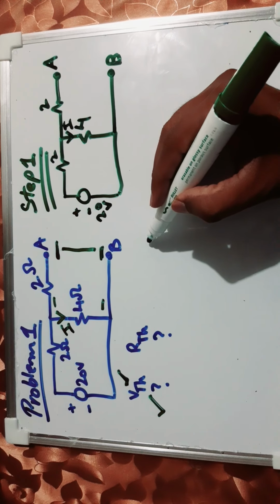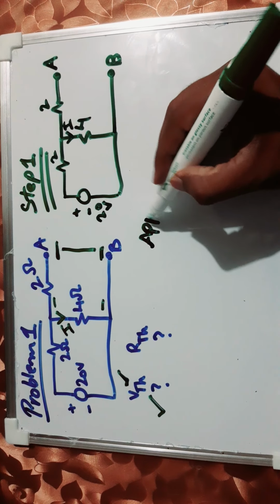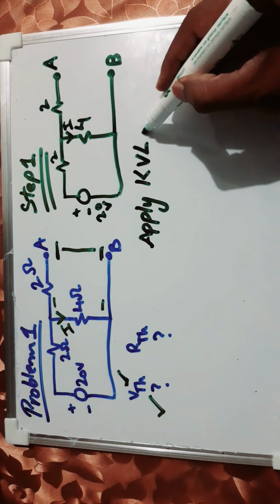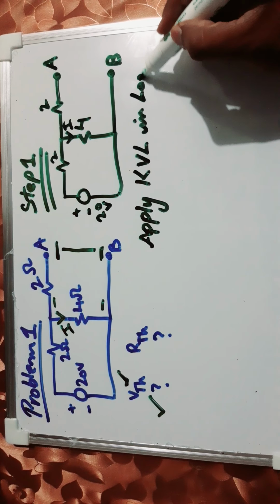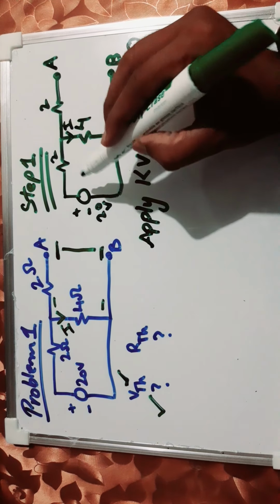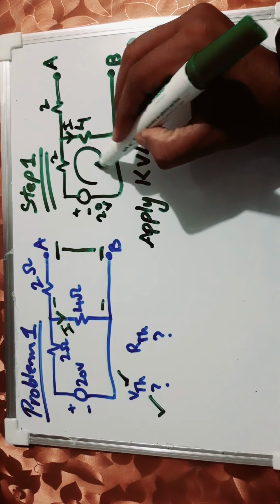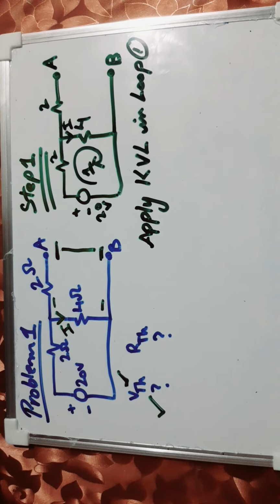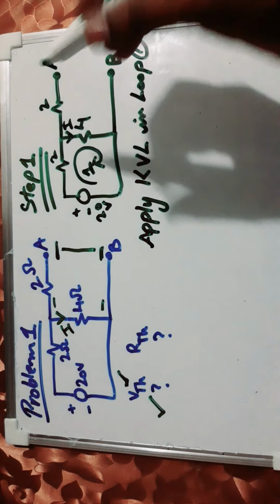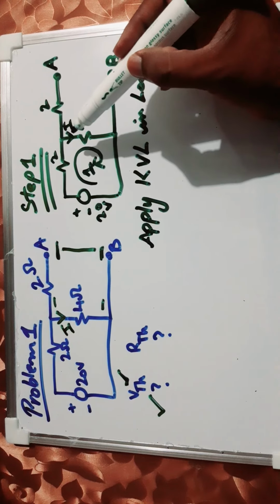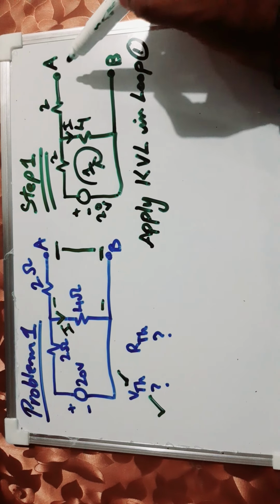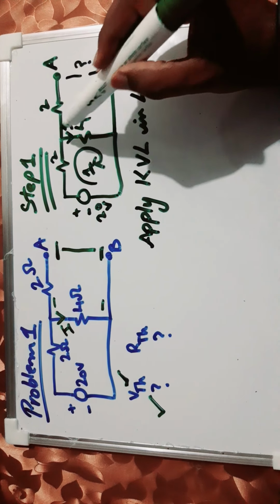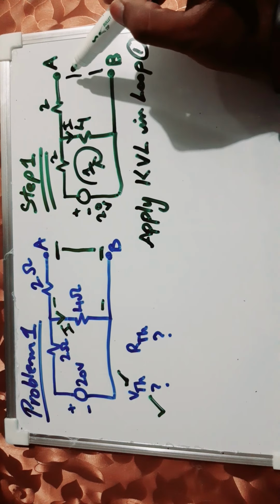We will apply KVL in loop 1. What is loop 1? This is our loop 1. So here we will apply KVL to find the current in this branch, because this is parallel to this. Actually we have to find it here. If we find the current or voltage here, it's the same here.